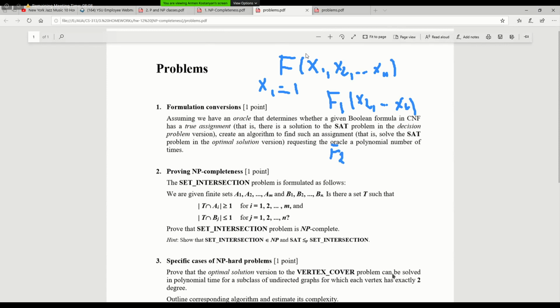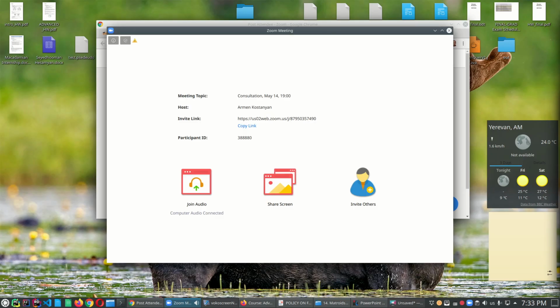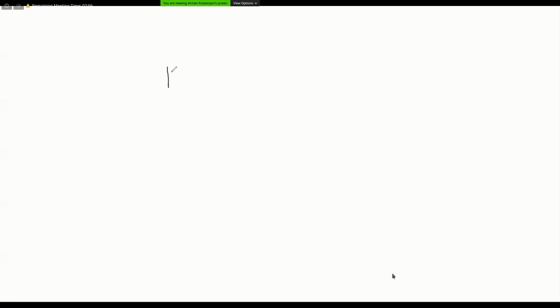Let's switch the blackboard to consider this problem. So this is our initial formula, f, which consists of x1, x2, and so on xn.